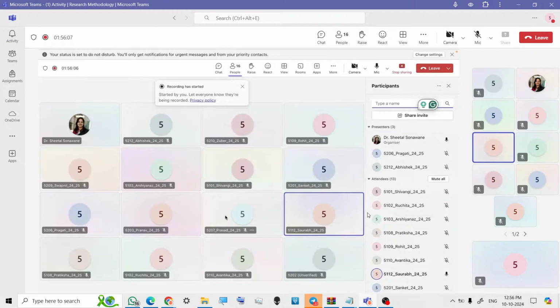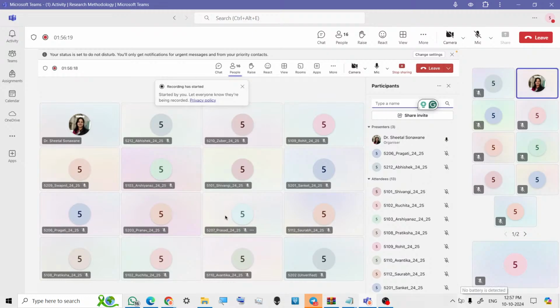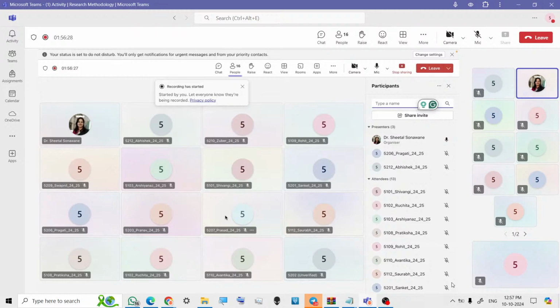Present, ma'am. 5201 आहे का? ठीक आहे. 5202 Present, ma'am. 5203 प्रणव. 5204, 5205, 5206 प्रगती आहे.